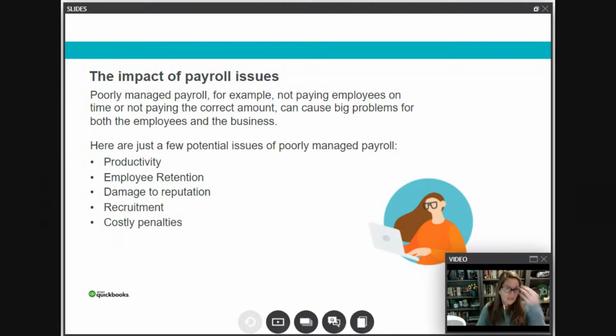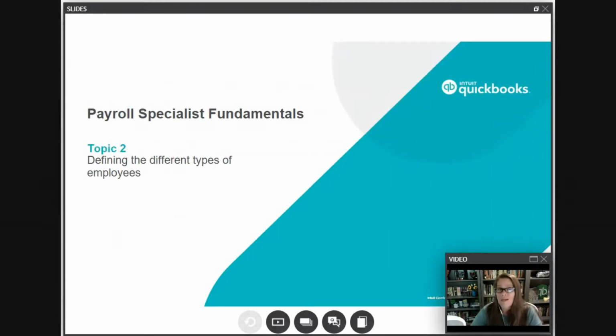If payroll is managed poorly and the paychecks aren't getting done on time, there's a high probability that maybe the form filings, the returns and the payments aren't getting made on time, and that's going to cost them penalties and interest. And nobody wants to have to pay more money to the IRS or the state.